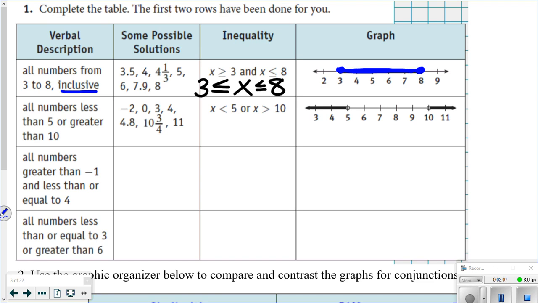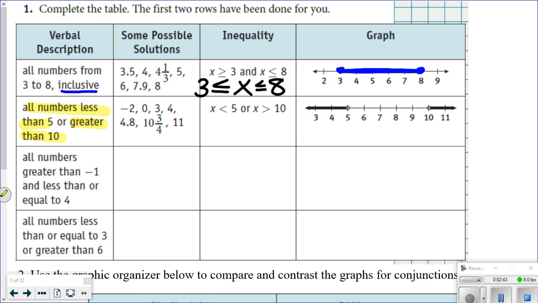The next one, all numbers less than 5 or all numbers greater than 10. So think of a few numbers less than 5: -2, 0, 3, and 4. Think about numbers greater than 10: 10.5, 11, 28, 52.